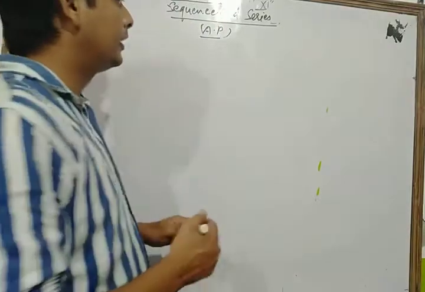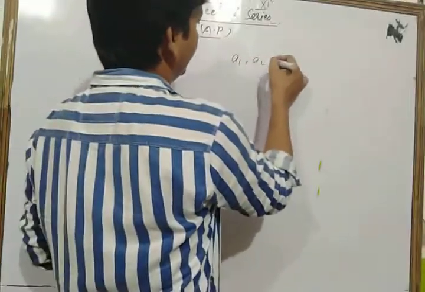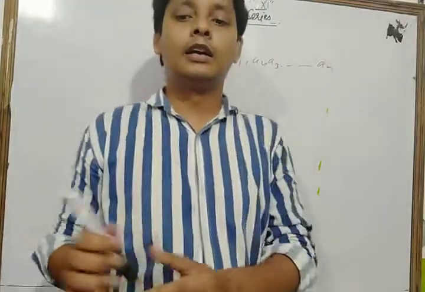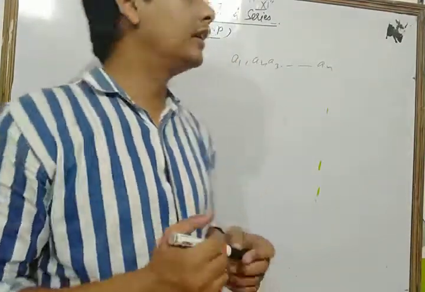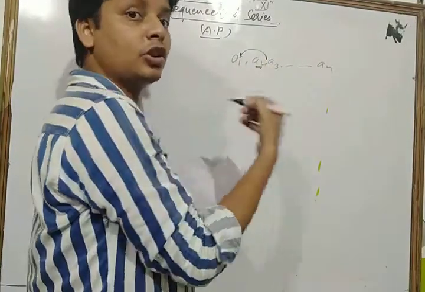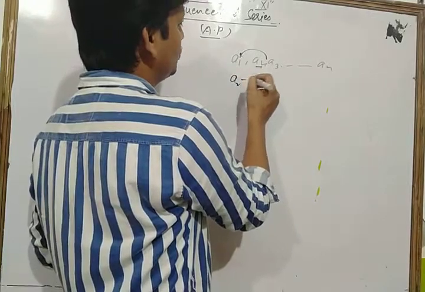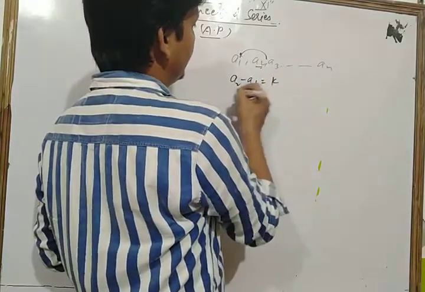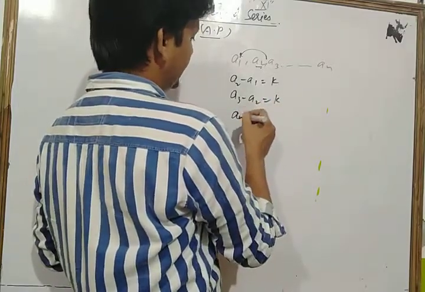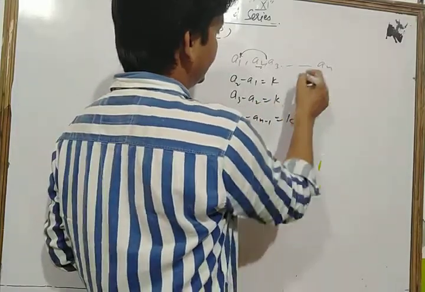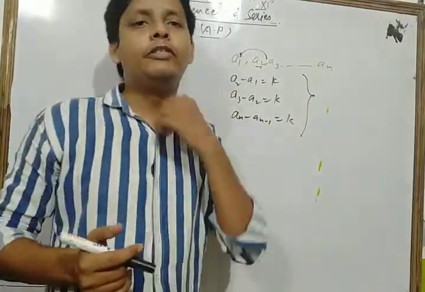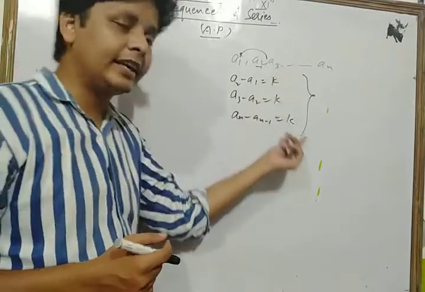Suppose that a1, a2, a3, ..., an be a progression, and the difference between a term and its previous term remains constant, that is, a2 minus a1 is equal to k, a3 minus a2 is equal to k, similarly an minus a(n-1) is equal to k.